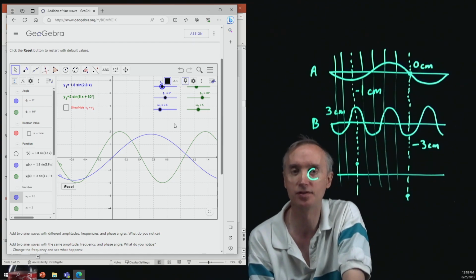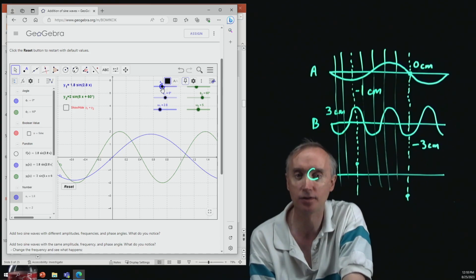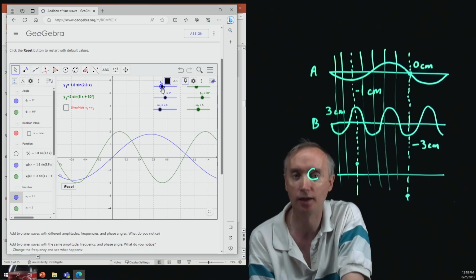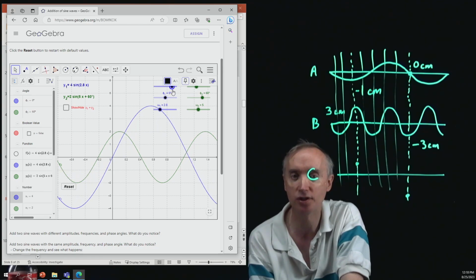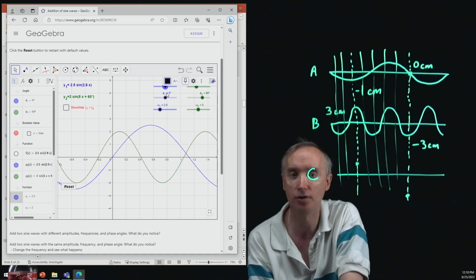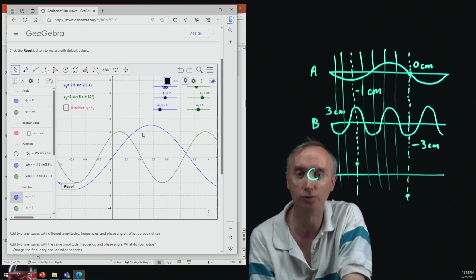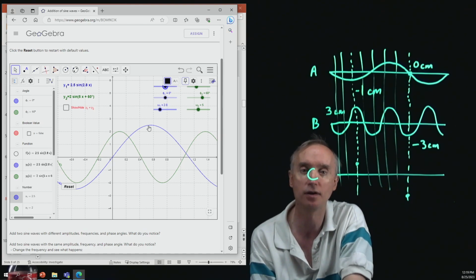So for example, if I take the blue one up here and I move the blue one back and forth, what is that changing? Well, first of all, notice it's changing the blue wave. So these sliders over here are going to be changing properties of this blue wave, and then these sliders over here are going to be changing properties of the green wave.